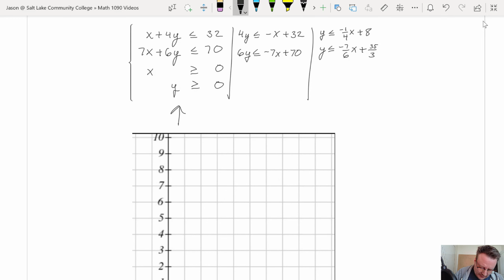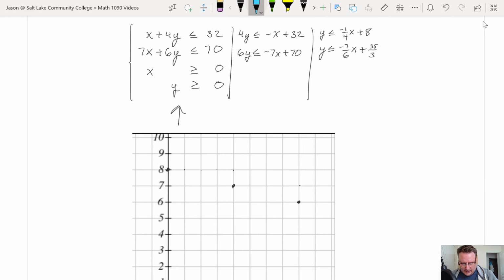It has a y-intercept of positive 8 and a slope of negative 1/4, which means if I run 4 points, 1, 2, 3, 4, I must descend 1. So this point will also be on the graph. Okay.